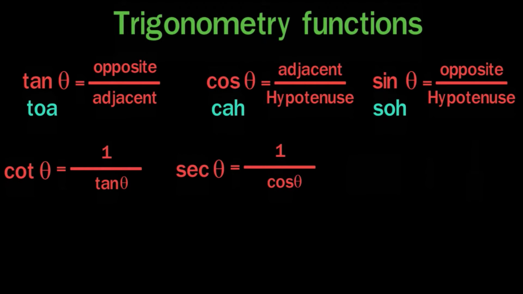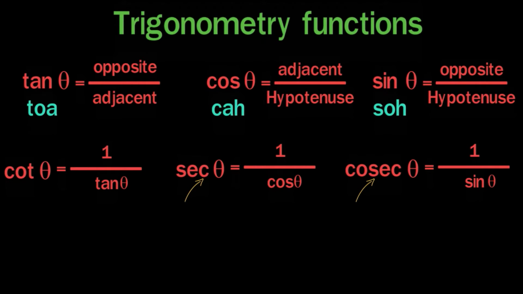You can remember the third character is a C, so it's a 1 over cosine, and also have cosecant is equal to 1 over sine. You can remember by remembering the third character of cosecant, which is S, so it's a 1 over sine.